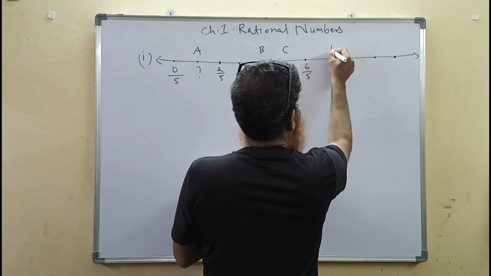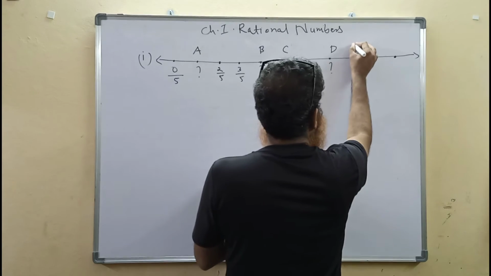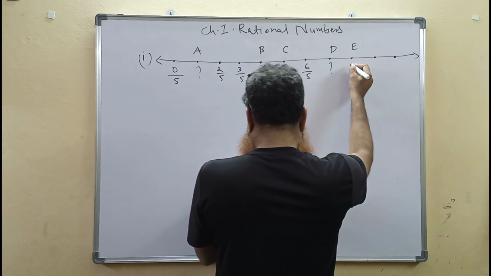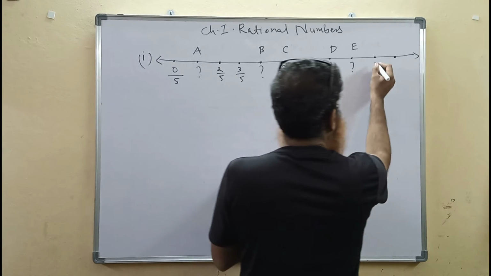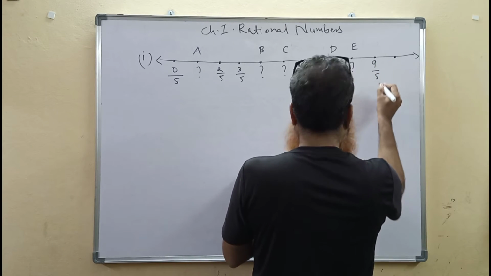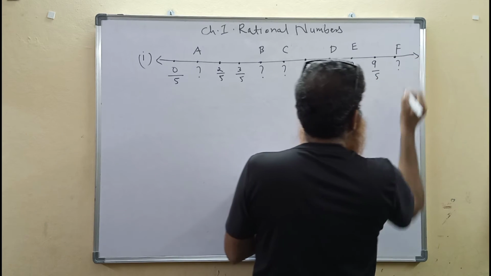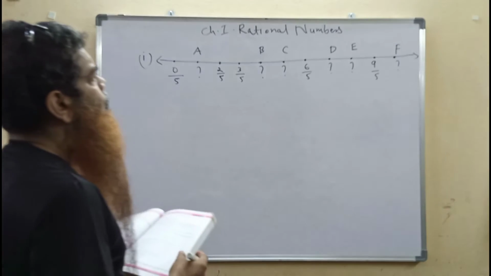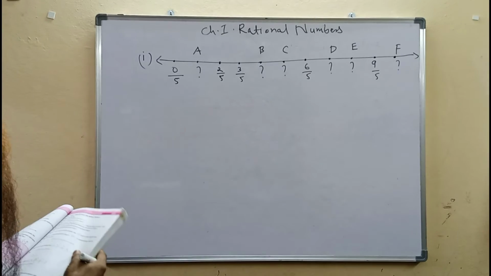Then the next point is marked as D, with a question mark underneath it to find. Then E, again another question mark. The next one is 9 by 5 and the last one is F, a question mark here. A, B, C, D, E, F, 6 points we need to find.